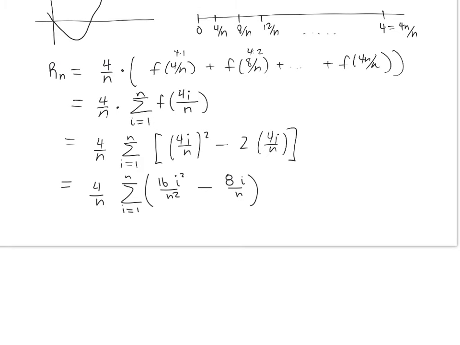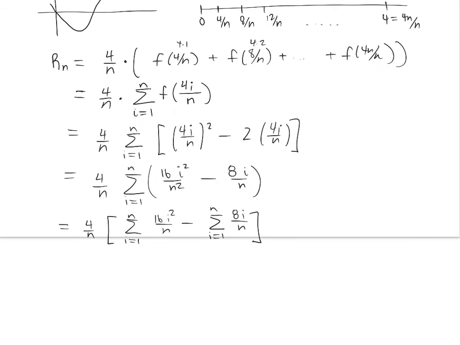Just squared the, okay. Now here's what I'm going to do next. I'm going to write 4 over n, big parenthesis. I'm going to sum the first thing, and then I'm going to do a separate sum. I'm sorry, I meant to put a minus sign there. Take away the sum of the second thing. And let's think about why that's okay.